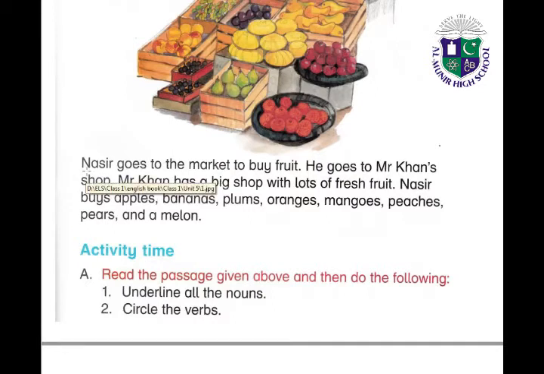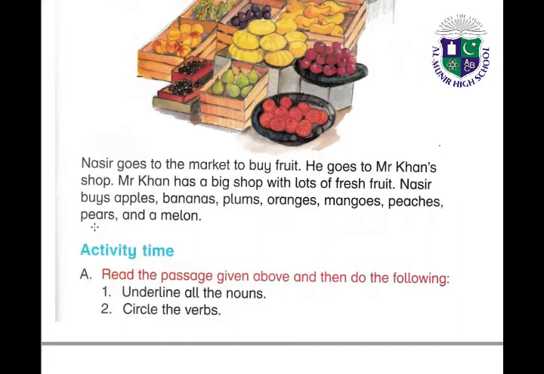First, underline the noun Nasir, and the second one is market. The third one, Mr. Han. After that, underline the fruit names: apples, bananas, plums, oranges, mangoes, peaches, pears, and a melon.